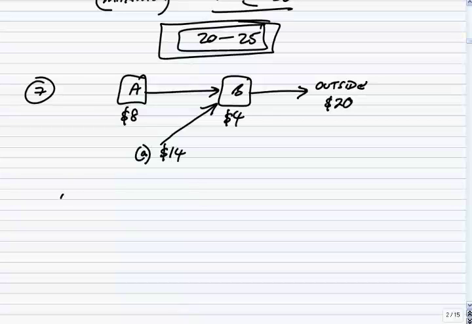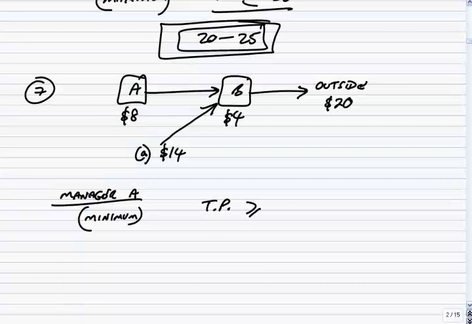Okay, manager A. A always fixes the minimum price. And what's the minimum they're prepared to charge? Well, $8. It must be more than cost. What about B? Well, we already know that B wouldn't pay more than net marginal revenue.